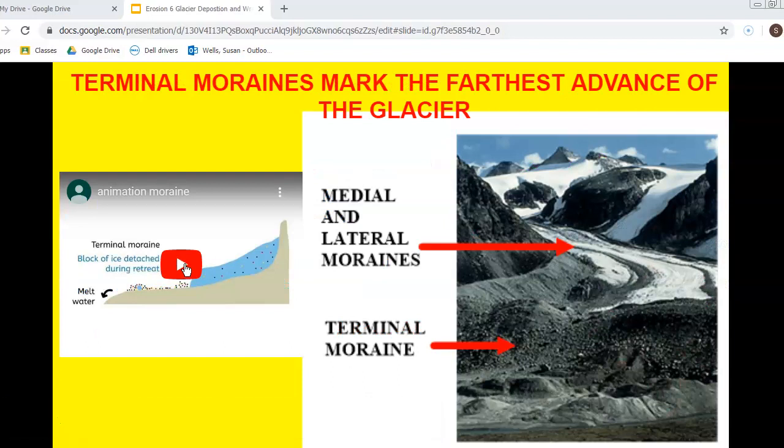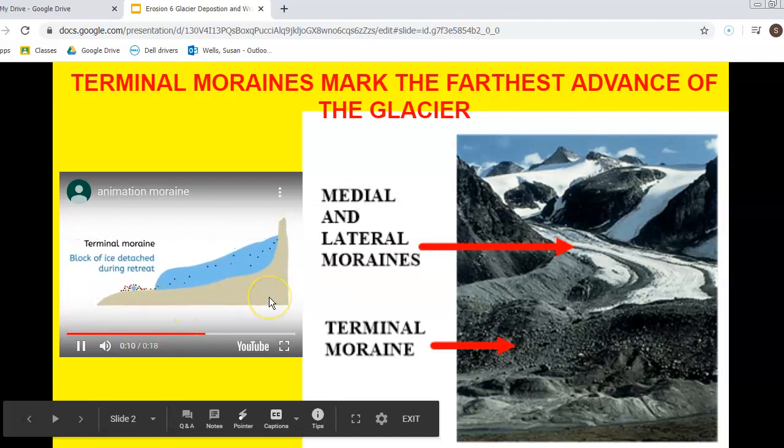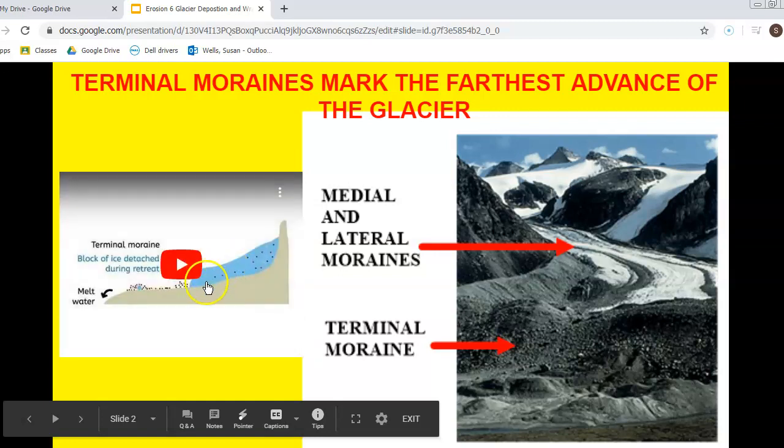This slide talks about a terminal moraine, and I'm going to hit this so that you can see this. This is a glacier that's standing still, but notice that material is still being dropped. Now please don't mistake that this glacier is defying gravity and moving uphill.